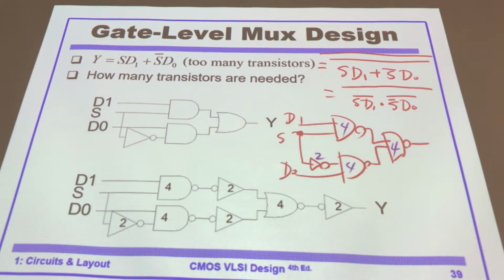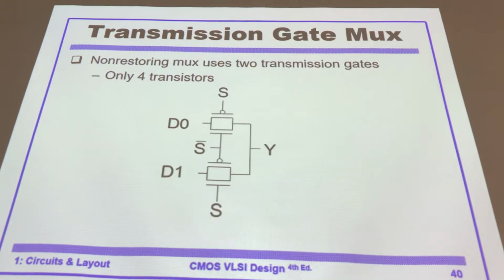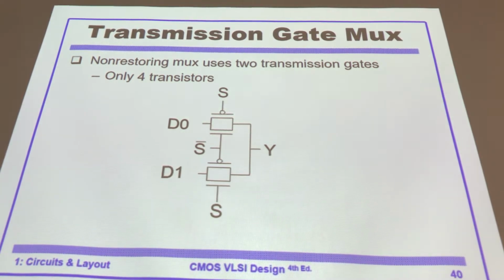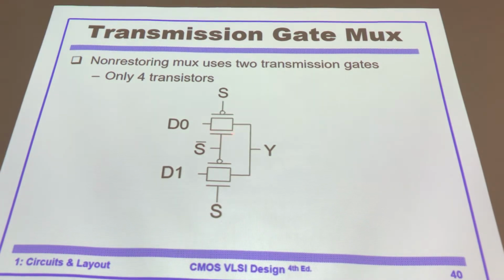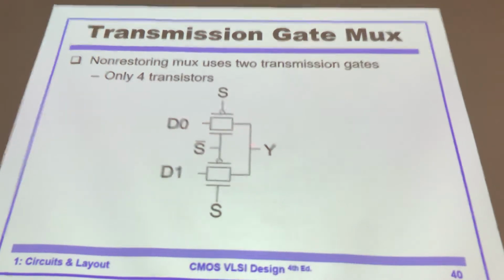How about the other approach? This one is using transmission gates. Actually, it is 2 transmission gates, 6 transistors. Here D0 and D1 are the 2 inputs, and the transmission gates act like switches to the Y output.